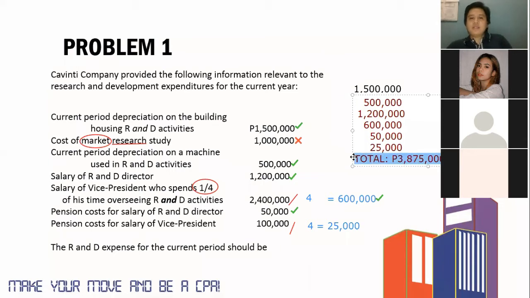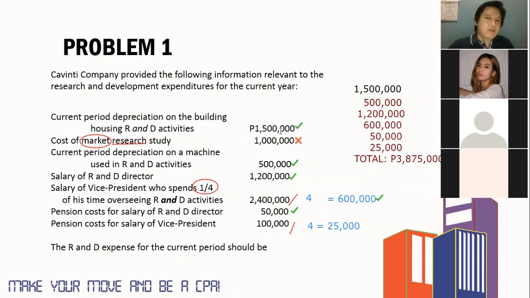Did you get it, guys? Okay, I'll give you 10 seconds to wrap up, to note kung ano yung mga namali mo. Okay? This is a simple problem, computing for research and development.